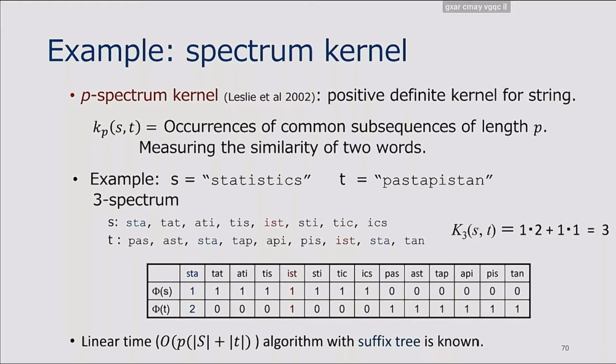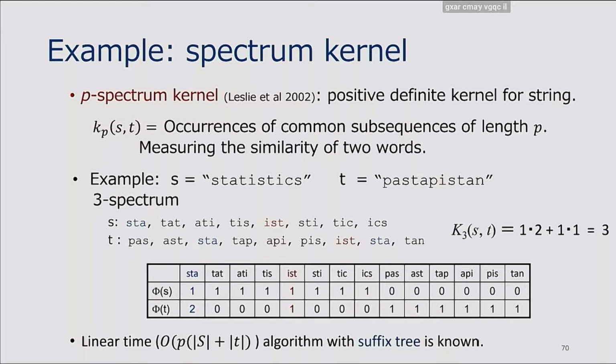In this example, we have several common substrings of length 3, but that can be an arbitrary number. Like STA can be found in both words, and then we make a flag for such common substrings and consider the inner product of these, basically, and that computes our kernel.